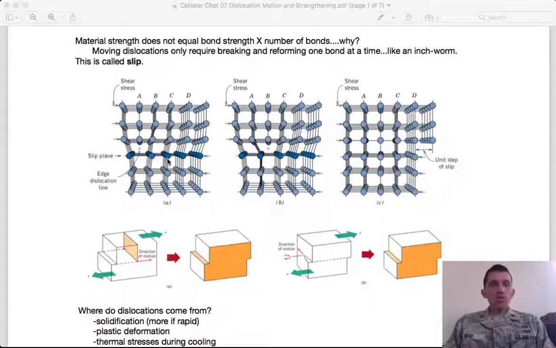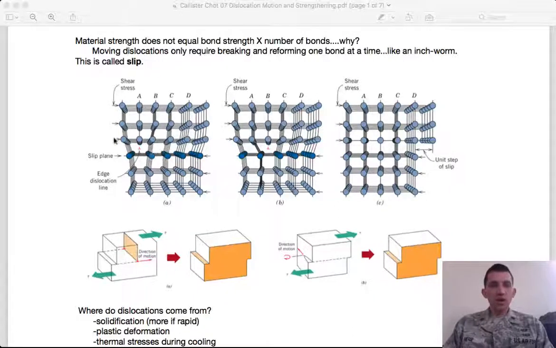And so if you apply a force, say a shear stress on half of this dislocation, that just adds to this natural tendency to want to move out of this higher energy dislocation scenario to a lower energy equilibrium bond spacing.